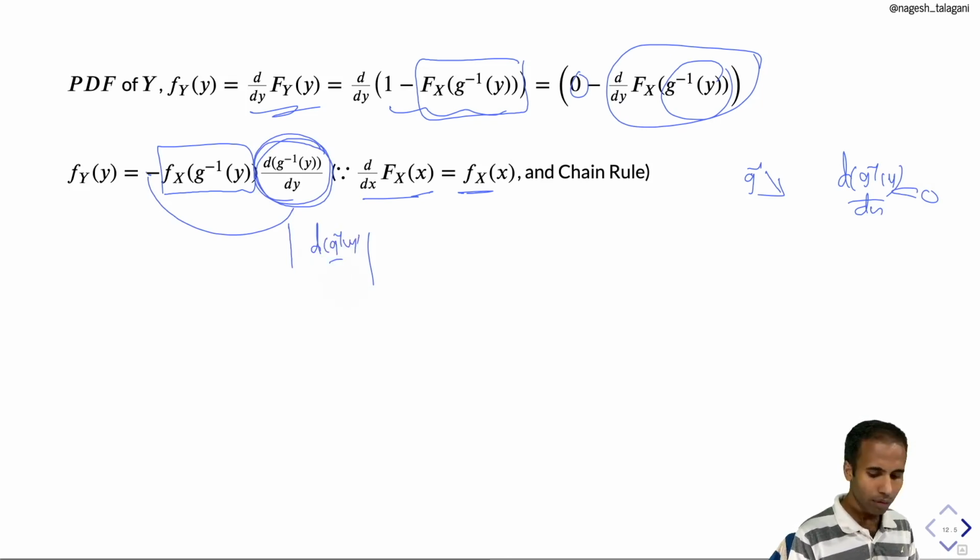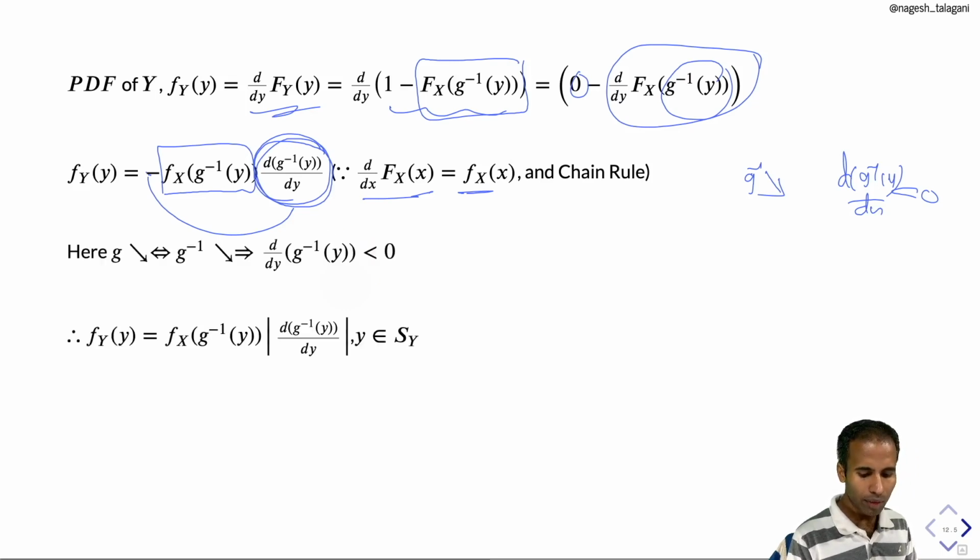We are getting rid of this minus and we put a modulus here. So fY of y is going to be fX of G inverse y times the modulus of the derivative of G inverse y with respect to y, for y belongs to SY.